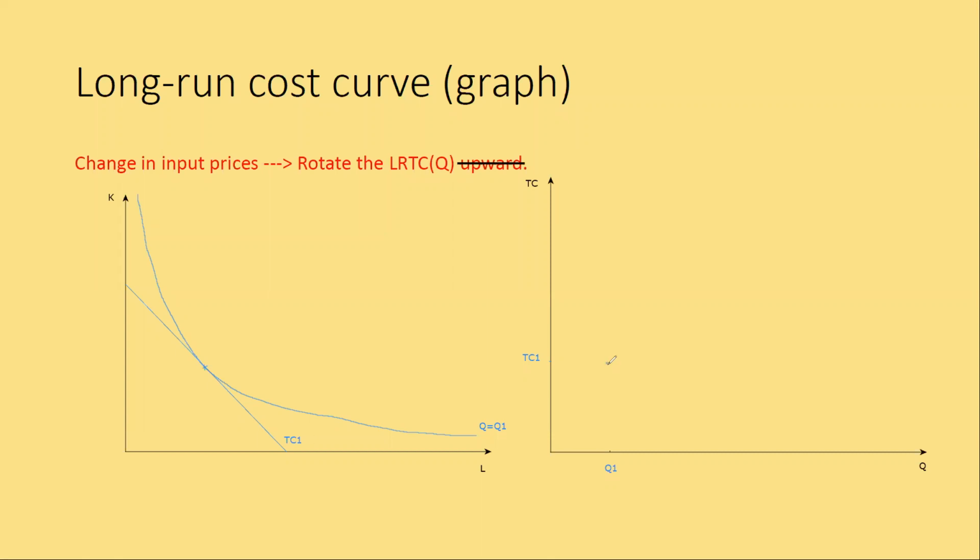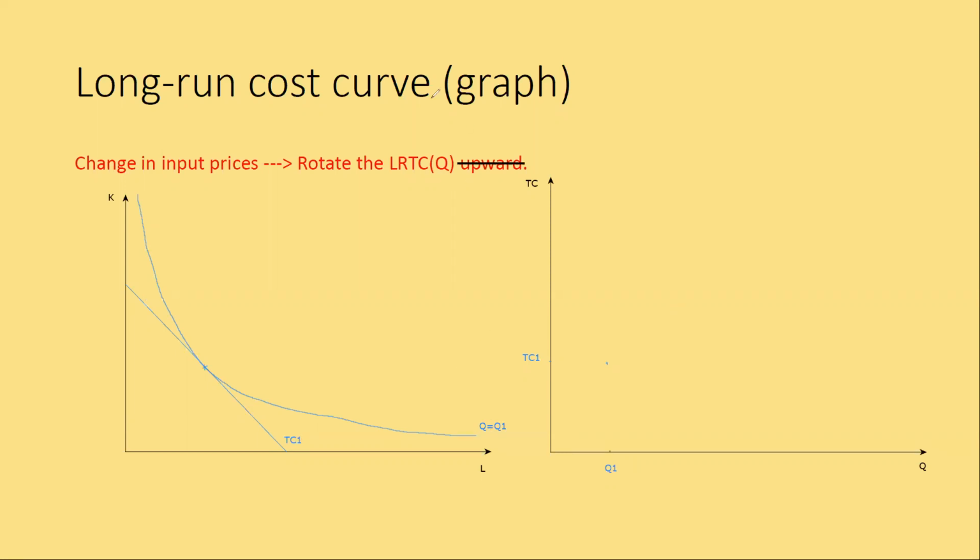We know this point will be on our total cost curve, because when the firm is to produce Q1 units of output and solve the cost minimization problem, the minimum amount of cost the firm has to incur is TC1. And this is exactly what our long-run total cost curve is showing us.